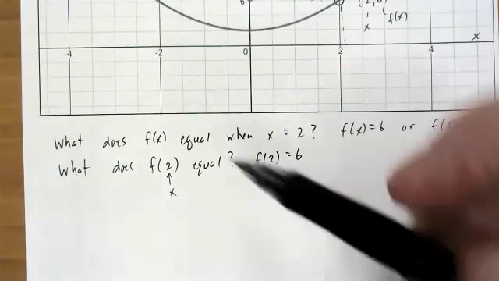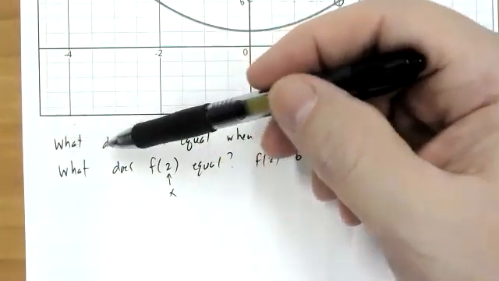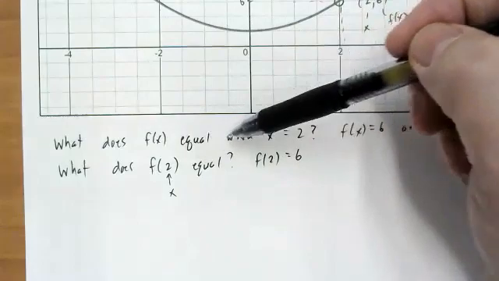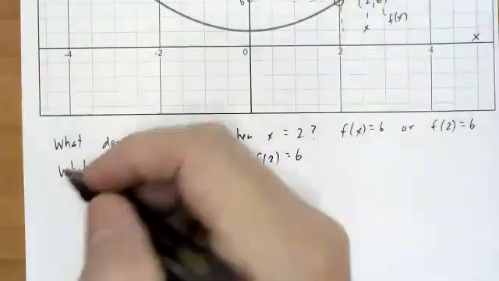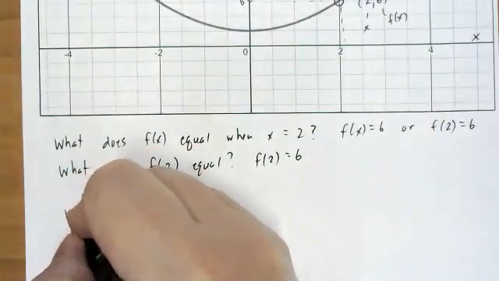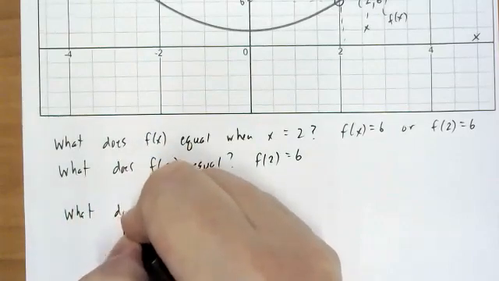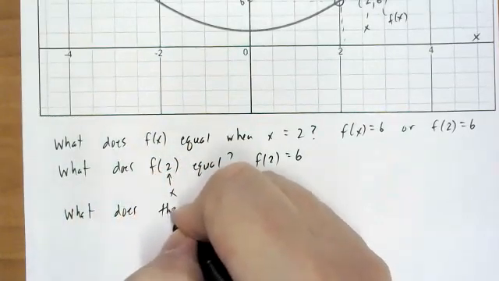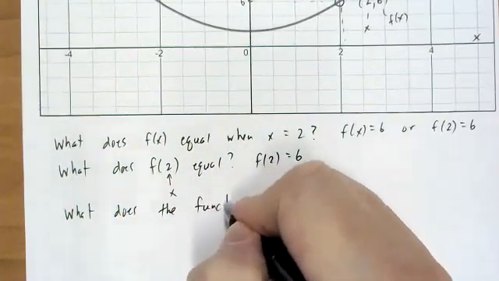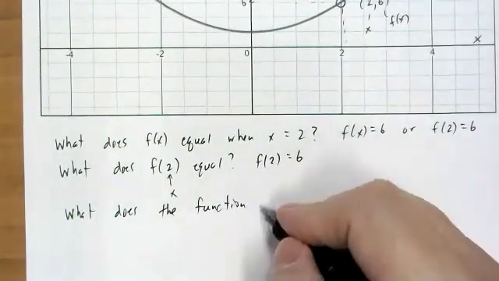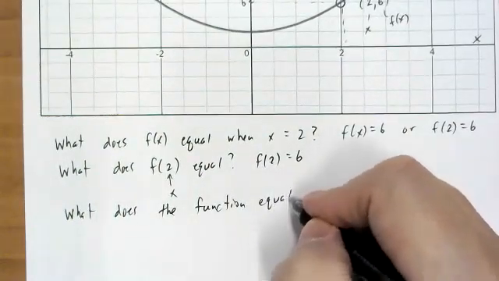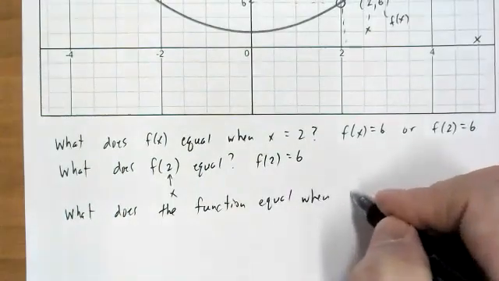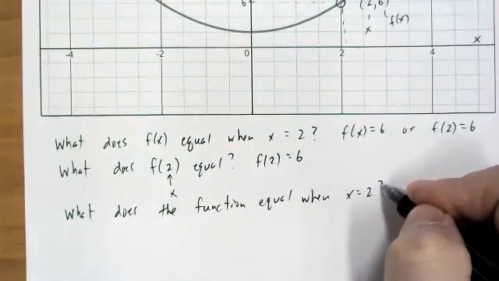So for an example, look at this first question. What does f of x equal when x equals 2? I could have said, what does the function equal when x equals 2?